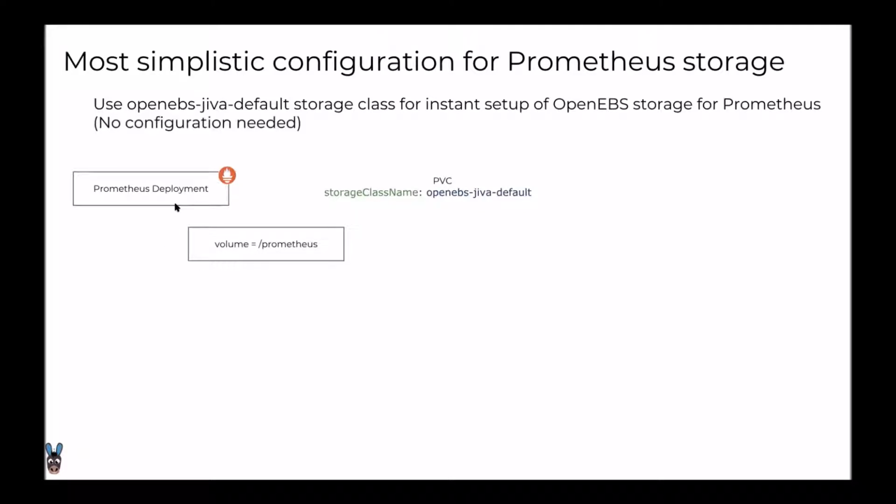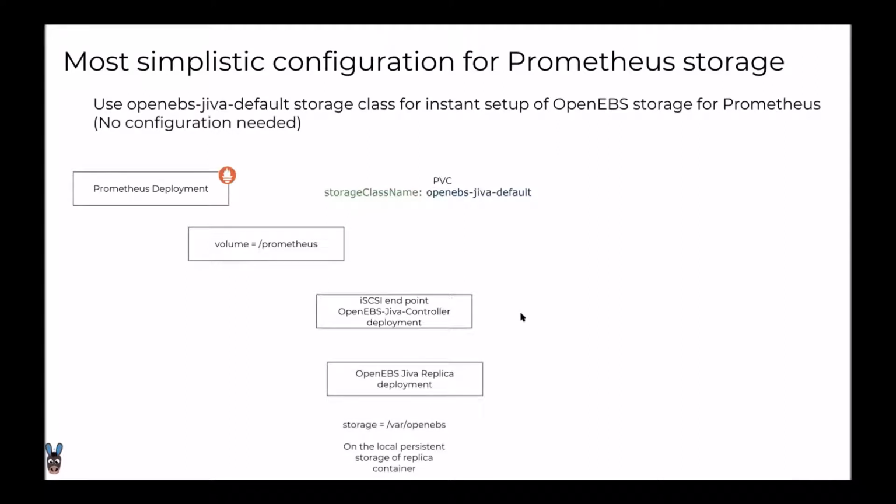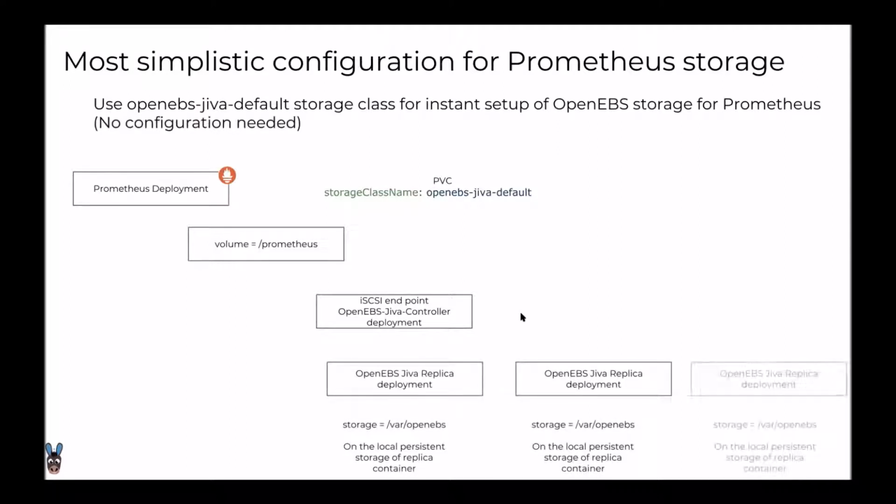Typically, when an application is launched in the deployment, Kubernetes tries to use the local PVC and provision the persistent volume using the dynamic provisioner, in this case OpenEBS. The dynamic provisioner of OpenEBS sets up an iSCSI endpoint through the Jiva deployment controller, which is going to set up 3 replicas.